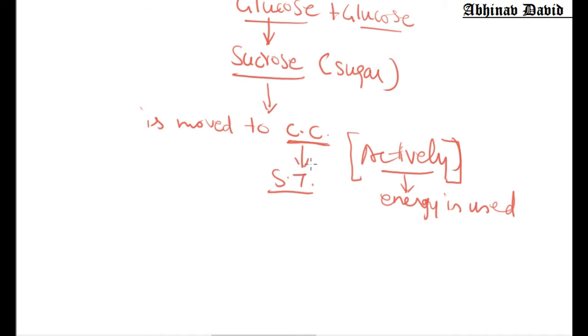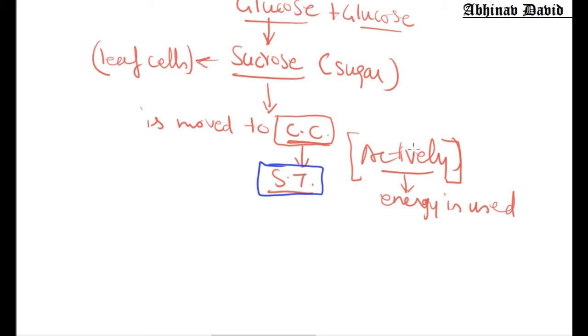Sucrose is produced in the normal leaf cells where chloroplasts are present. These leaf cells are present between the upper and lower epidermis, and from there the sucrose has to be moved to the companion cell and then to the sieve tube, where it is transported.